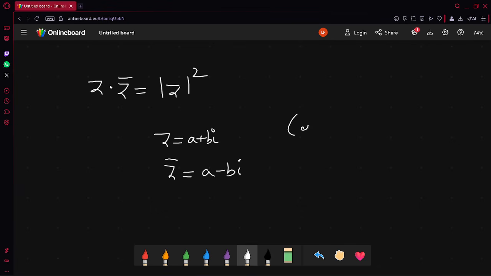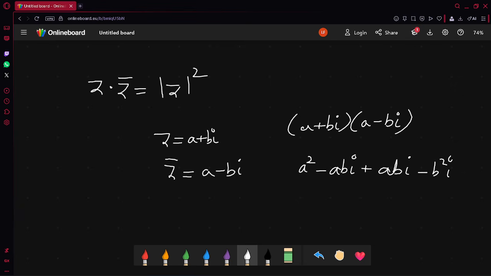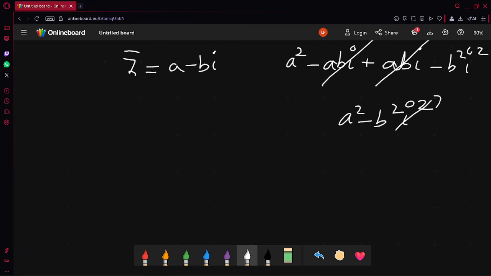And if we multiply these two, we would get a squared minus abi plus abi minus b squared I squared. These cancel out. A squared minus b squared I squared. And we know this is negative 1, so this becomes plus.